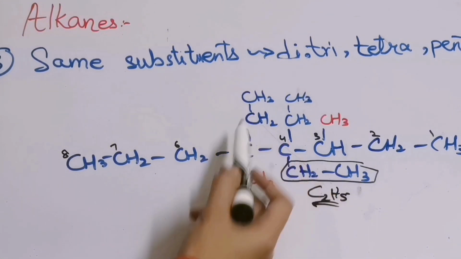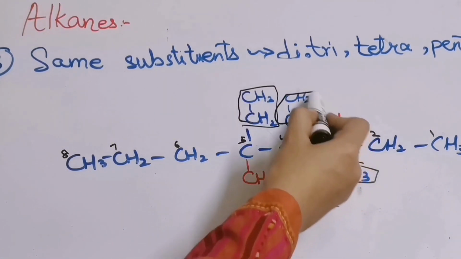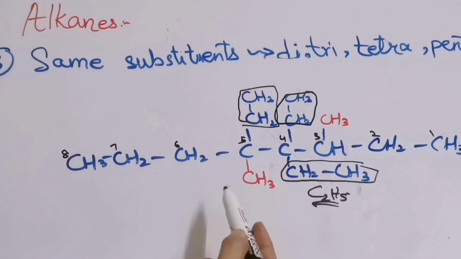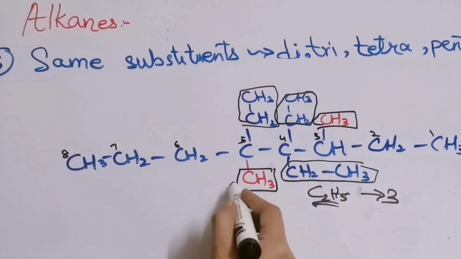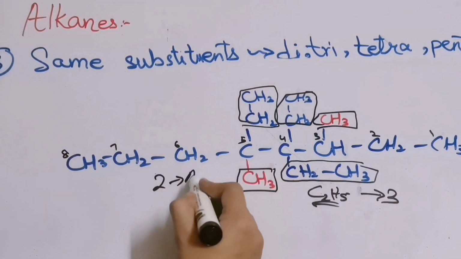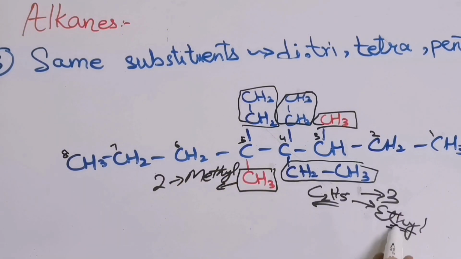C2H5 is ethyl. This one is also ethyl and this is also ethyl. So how many ethyls are present? 3. And what are the other substituents present? 2 methyls, right? So according to the rule, we have to write the name of these substituents alphabetically.